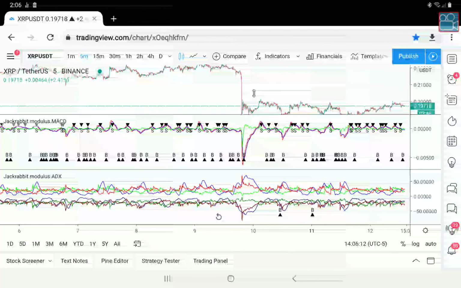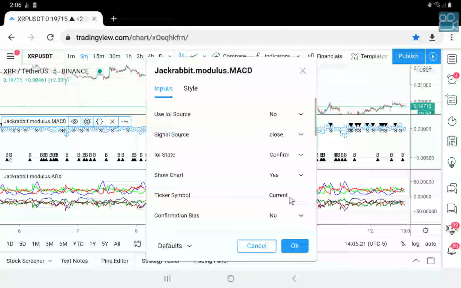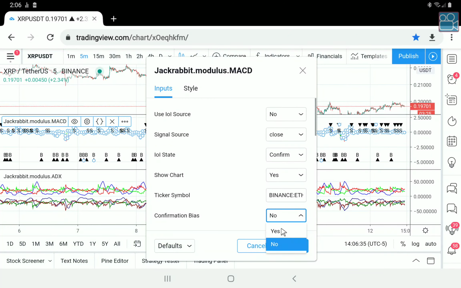So we see that there. We see confirmation bias. Now let's do a little bit further. Let's come up here. Let's compare this one against ETH. For the record, I have no idea what's going to happen. This may or may not work out well.